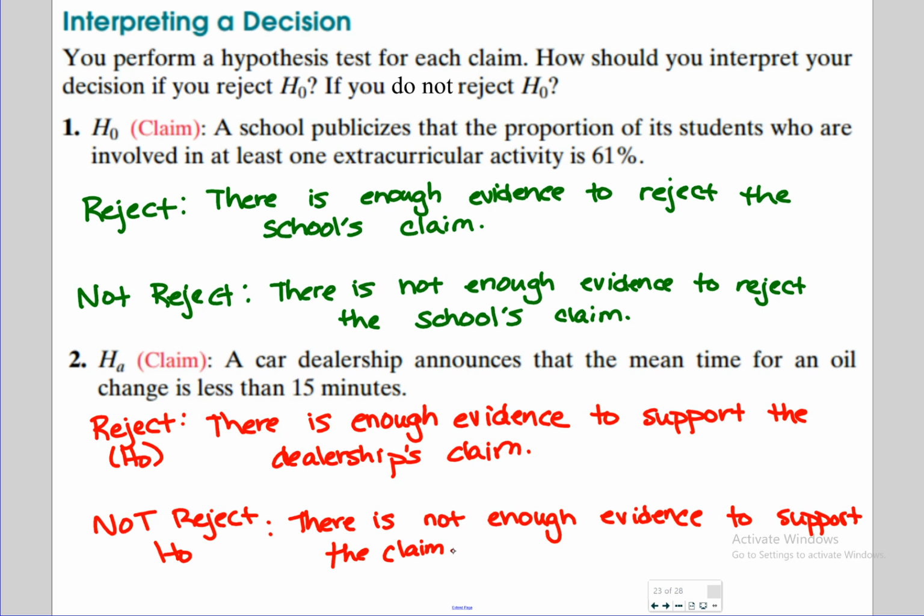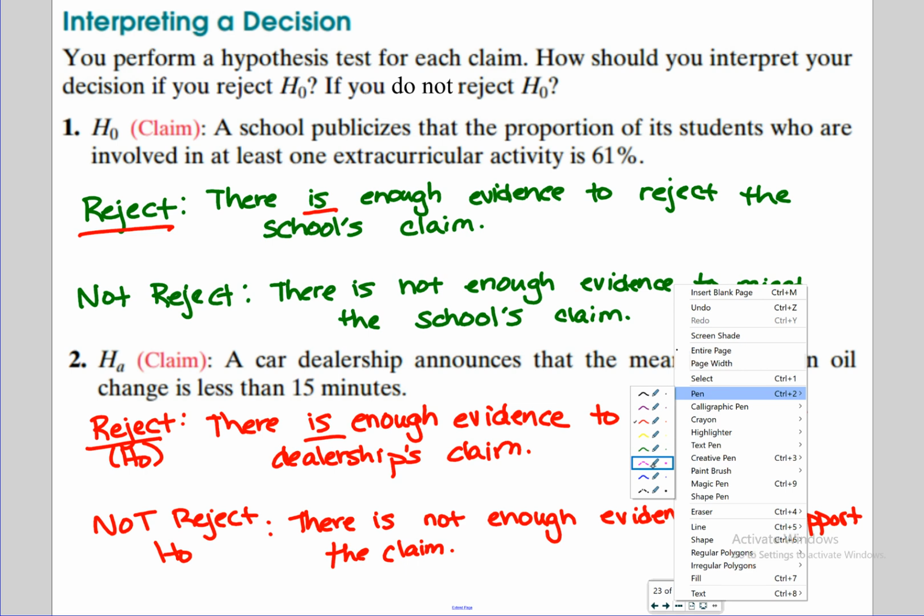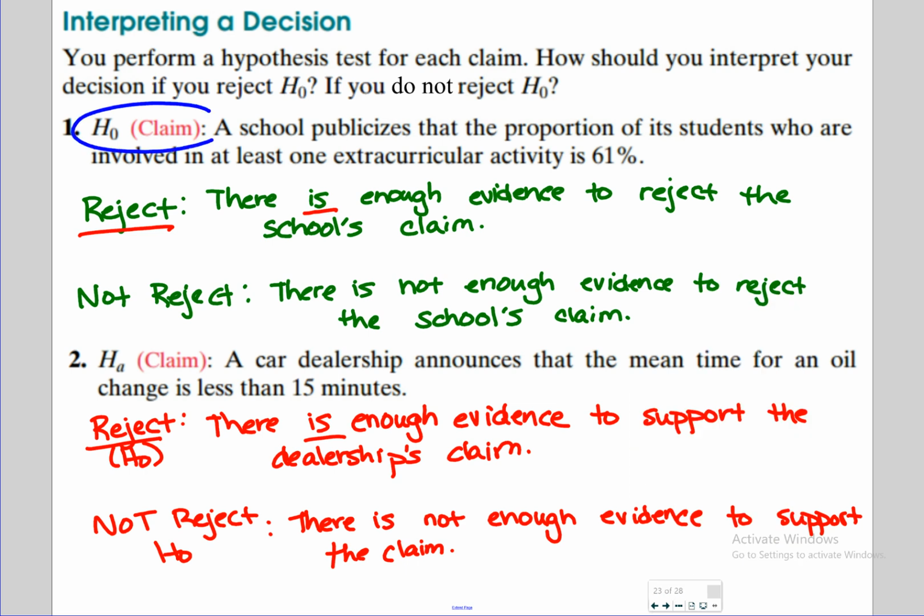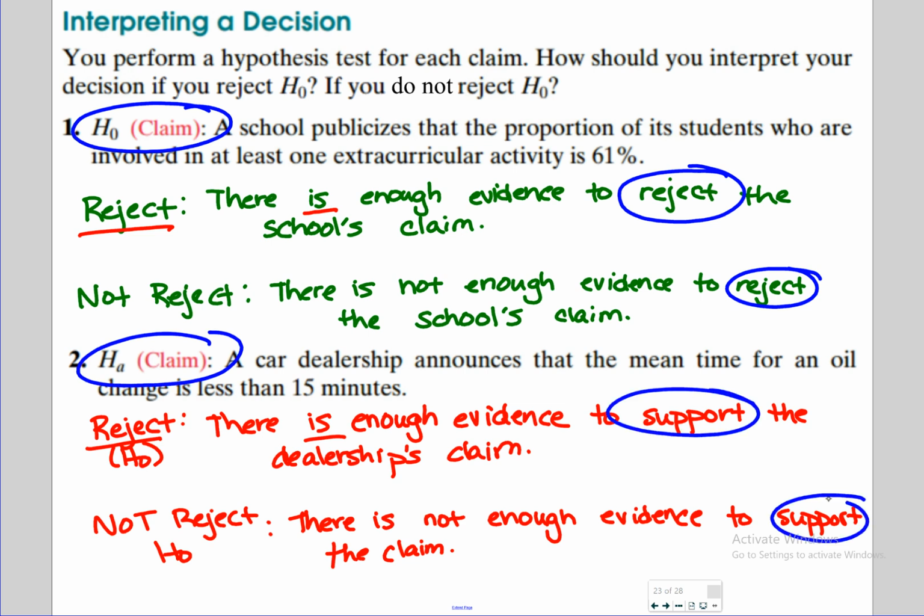So if we reject, there is enough evidence in both cases. If we don't reject, there isn't enough evidence. If the claim is the null, we use the word reject. If the claim is the alternative, we use the word support instead.